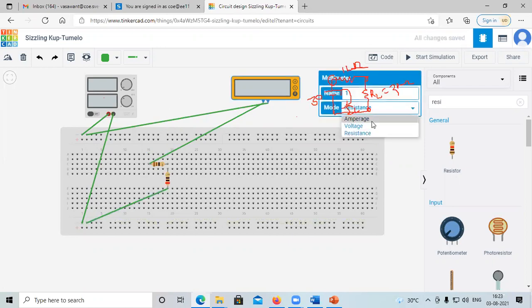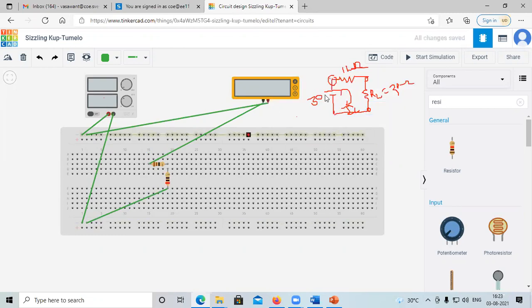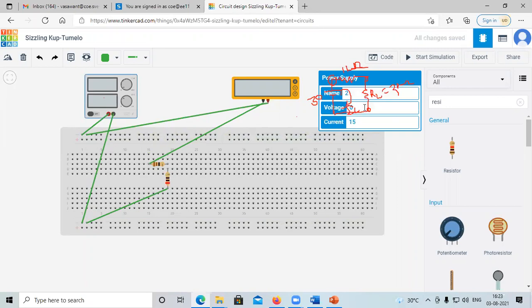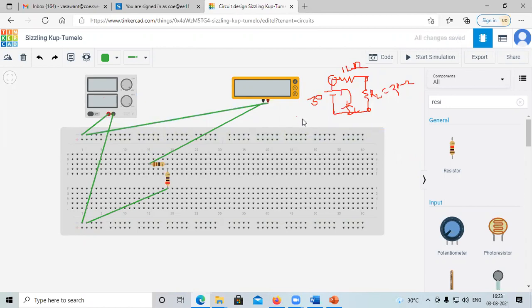I want to measure the current, that is amperage or ampere. I have selected ampere. Set the value: the voltage is VTH, 30 volt. Start the simulation. Connection is complete.